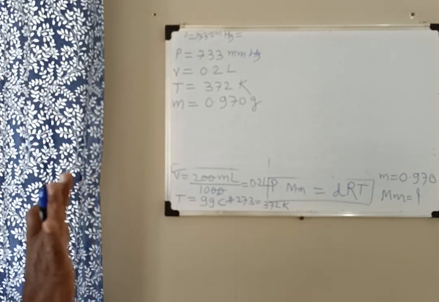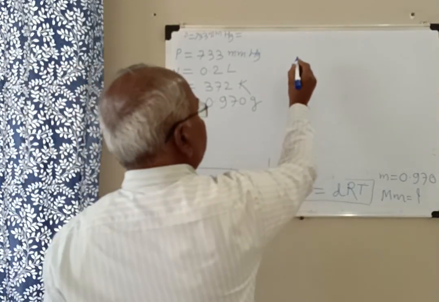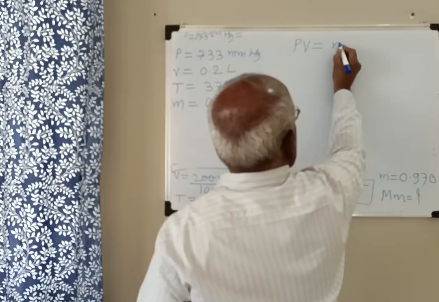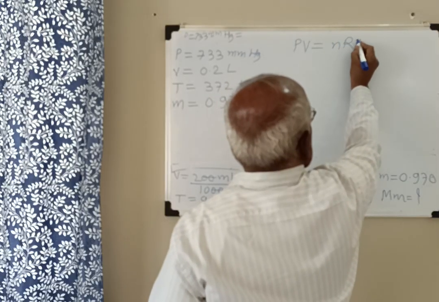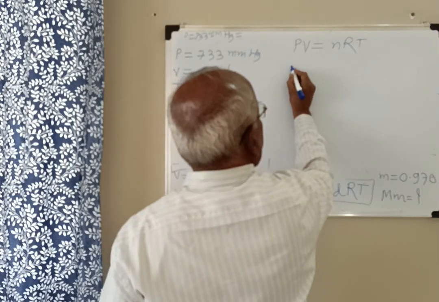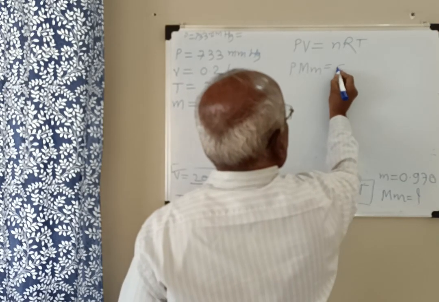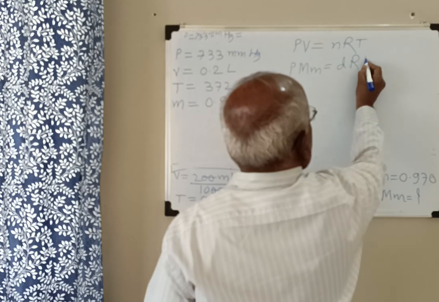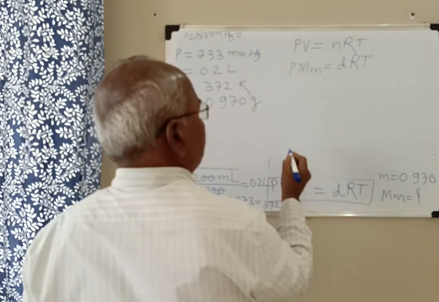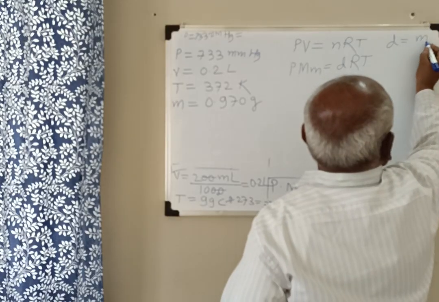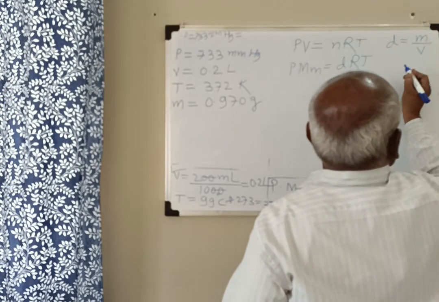Now we have two relations. One is PV is equal to nRT. Another is PM is equal to dRT. d is equal to mass divided by volume.